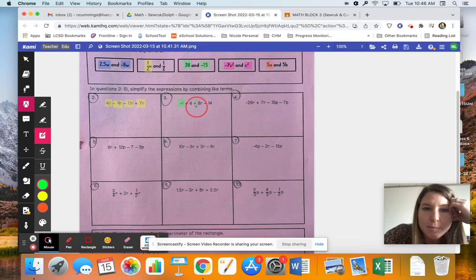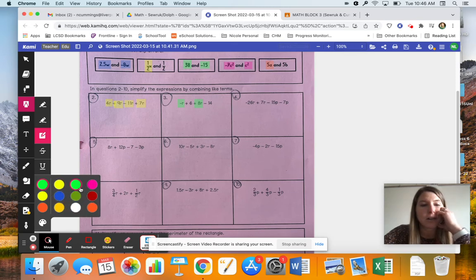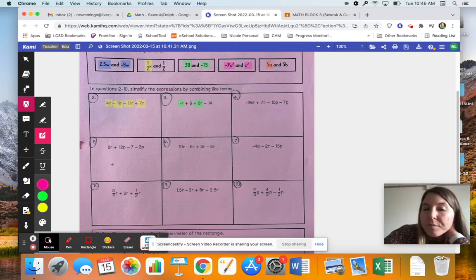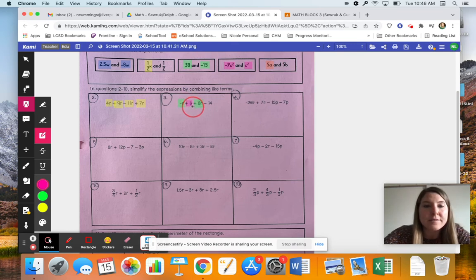So I'm going to highlight my positive 8R. I do not see any other R's there, so I'm going to get a different color. I'll use pink. I do see that I have 2 constants. Constants are numbers that stand alone without a variable. I have a positive 6. Highlight the positive 6. It's important to note that it's positive. And I have a negative 14.